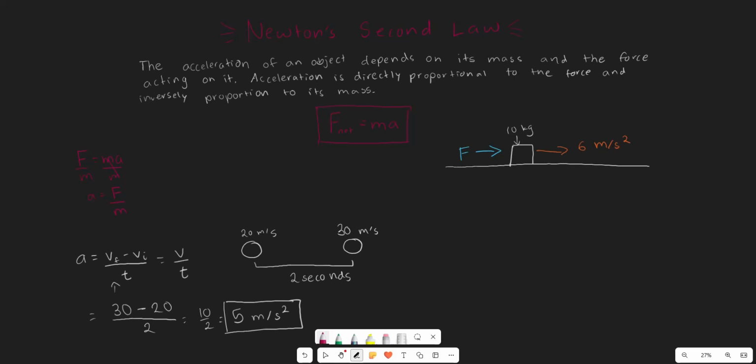So we can use Newton's equation, F is equal to ma. Plug in what we know. We need to find the force. The object's mass is 10 and it has an acceleration of 6 meters per second squared, and we get 60 newtons. Force is measured in newtons. So that is the force that's acting, 60 newtons.